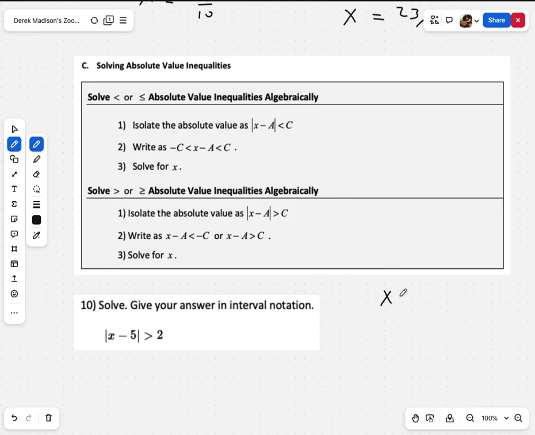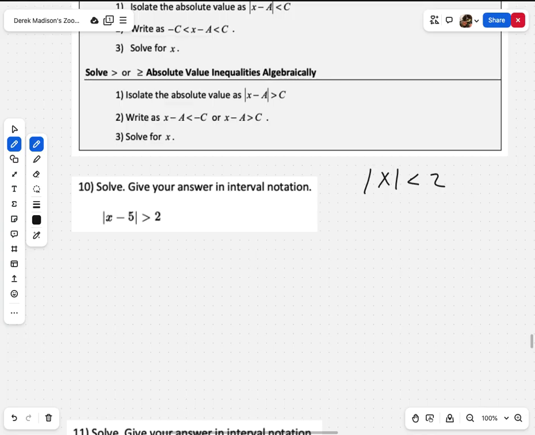Let's say we had absolute value of x is less than 2, just for instance. If we think about what numbers would make this true, it would be everything from -2 to 2, because all of those values, when you plug them in, are going to come out less than 2.